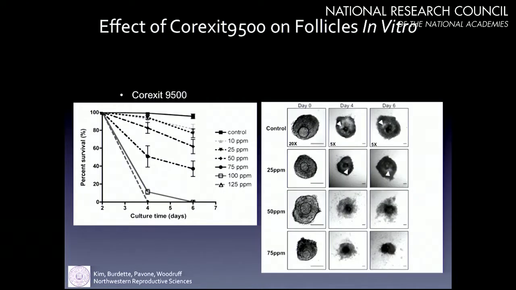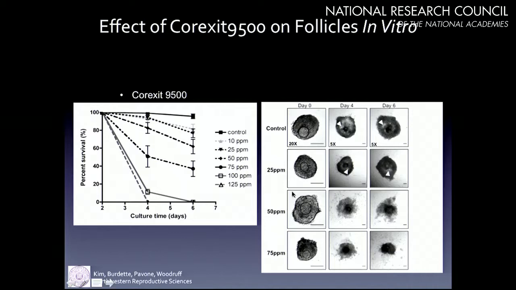This is another compound that was used in the 2010 oil spill, where the Corexit 9500 is actually an oil dispersant that they put on the oil so that the oil can disperse and then eventually get degraded by bacteria. It was not tested for any kind of toxic effects on humans or animals, but it was just used on the oil spill. So here is an example of how the follicle system can be used to assess the toxicity of compounds that have unknown effects in vivo in an in vitro system.